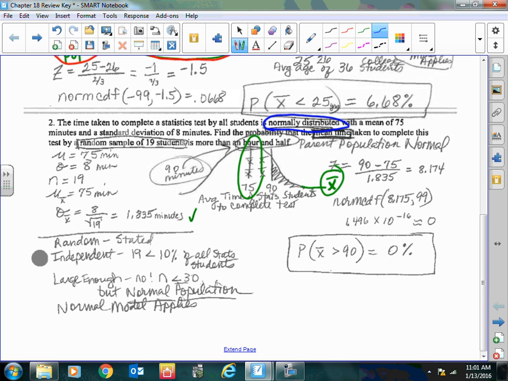Now, one quick thought. It said a sample: what's the probability that the sample has more than 19? Then I knew I was using this different standard deviation here, not the standard deviation of the population, because it asked about a sample. But if you had gotten one that was 8 standard deviations out, and the teacher was claiming that it takes students an average of 75 minutes to do this test, what would you say to that teacher?